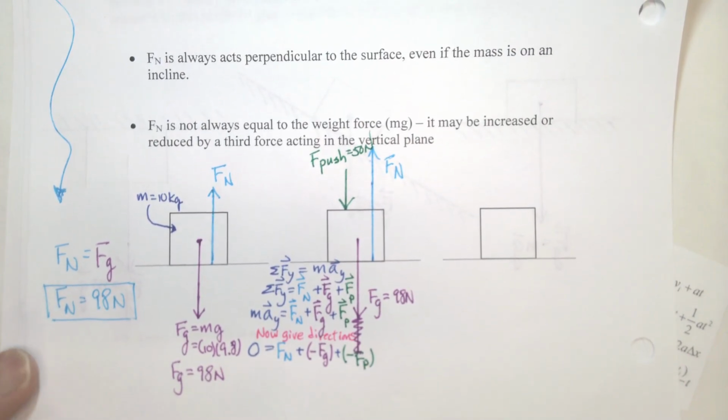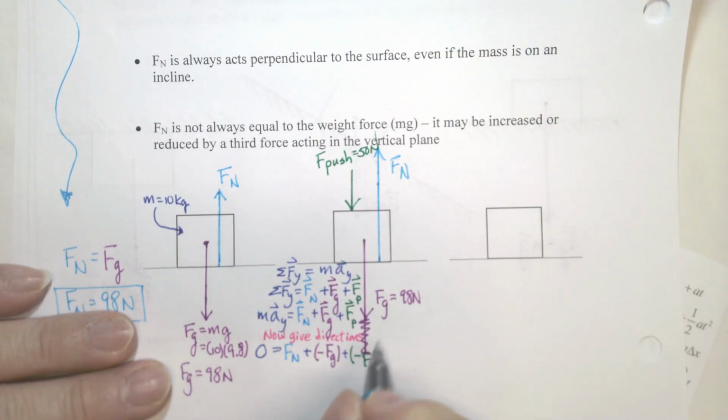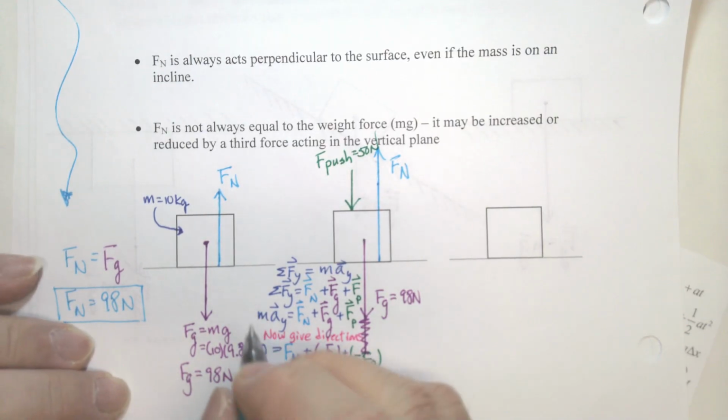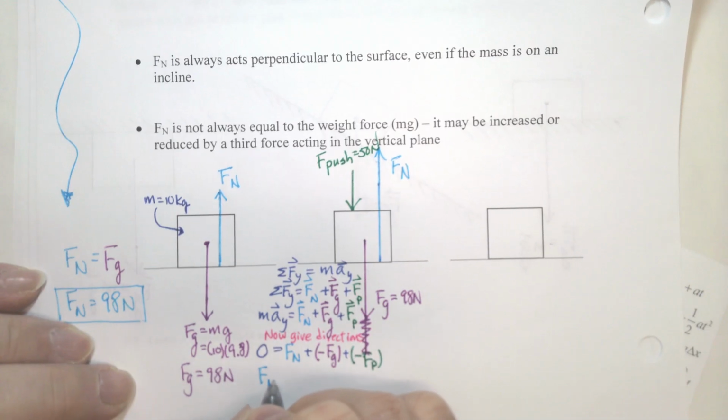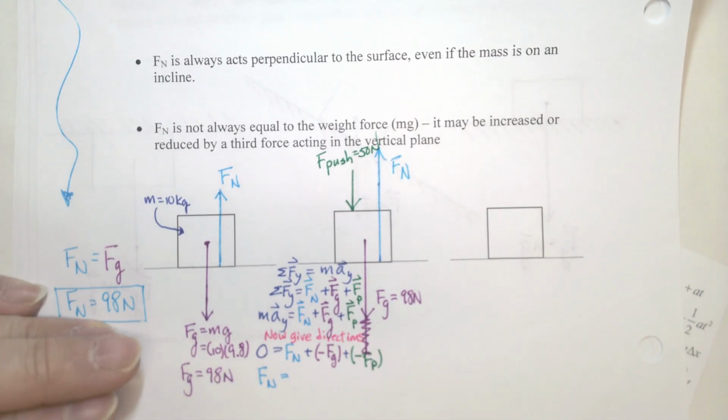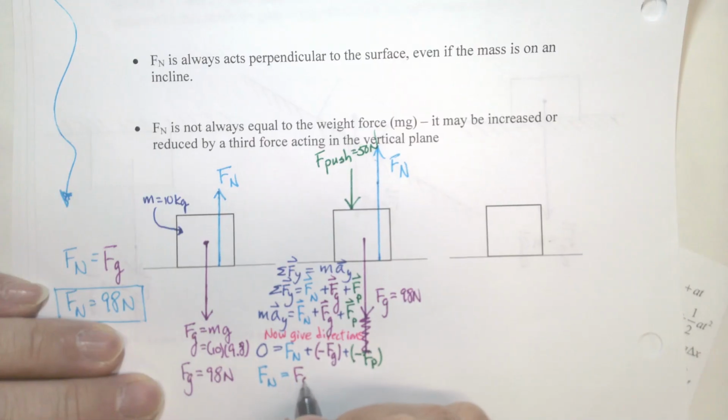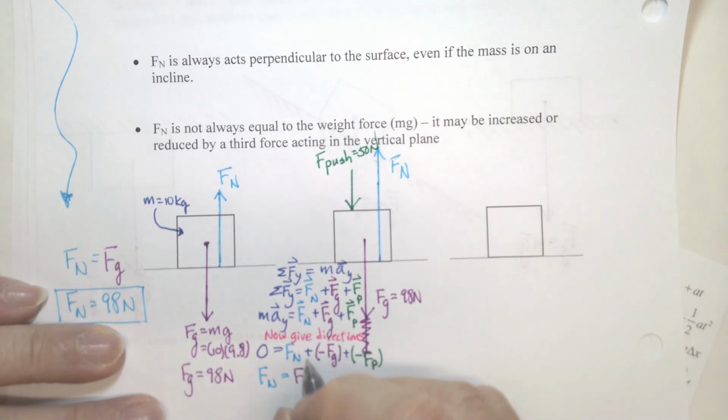So if I solve for F normal by bringing these two to the other side of the equal sign and flipping it, my F normal just becomes FG plus F push.